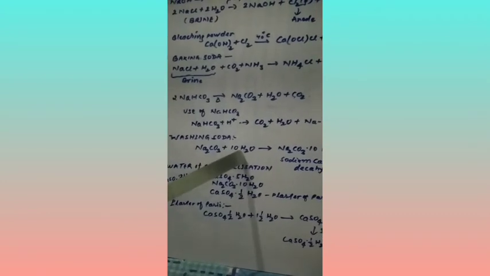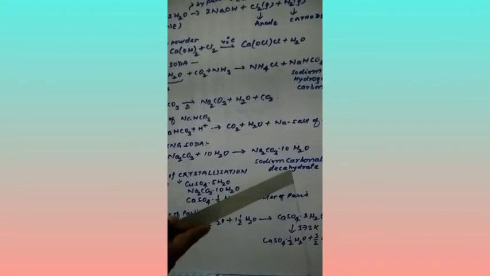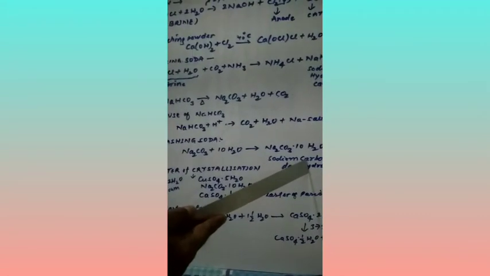This sodium carbonate combines with 10 water molecules, that is the water of crystallization, through the crystallization process. Then it forms sodium carbonate decahydrate. This is known as washing soda. This is a very valuable compound and it is a basic salt.